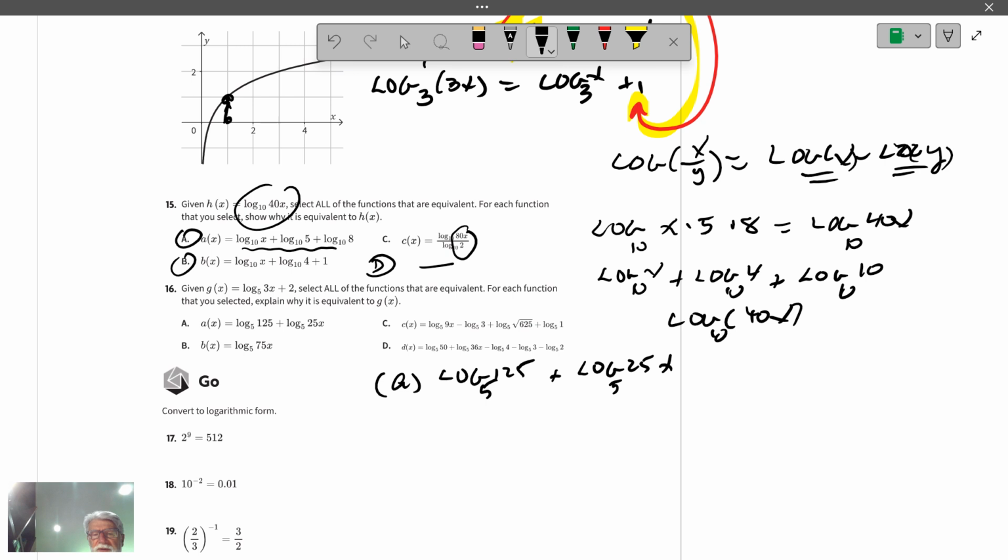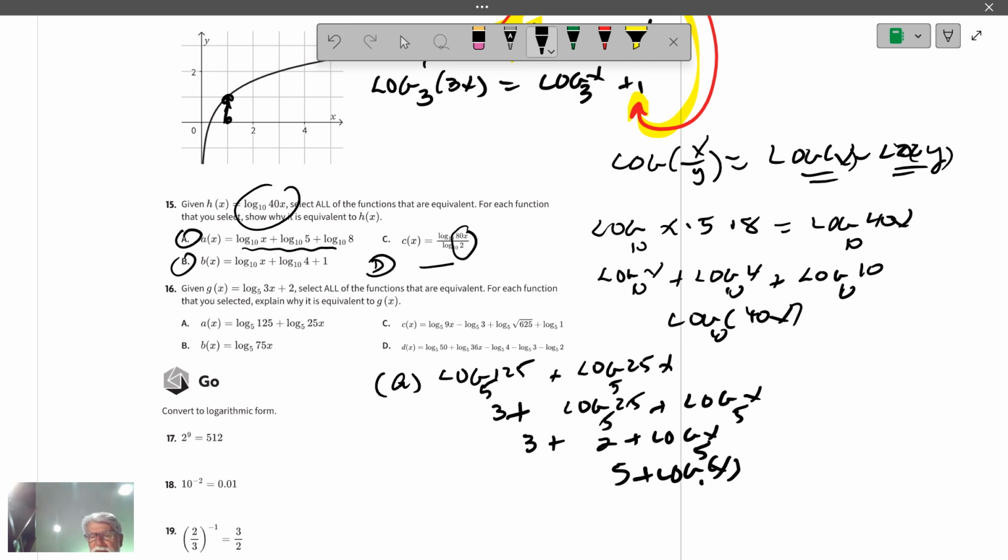So the log of 125 in base 5 is 3. And this one would be the log of 25 in base 5 added to the log of x in base 5. And this is 3 plus 2 plus the log of x in base 5, which is 5 plus the log of x in base 5. So it doesn't look like A is one of our choices here. Okay, so A is out.